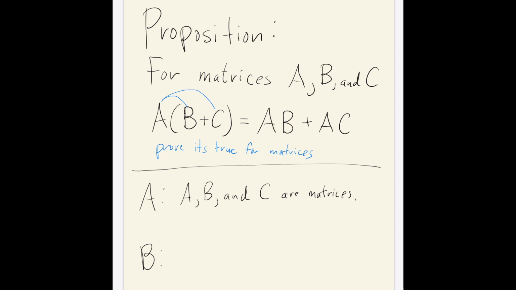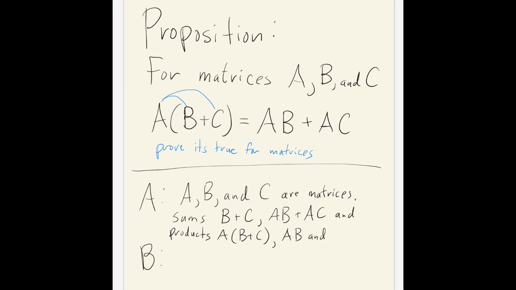So we can go ahead and assume that the sums, in this case B plus C, and also AB plus AC, and the products A times the quantity B plus C, AB, and AC exist.